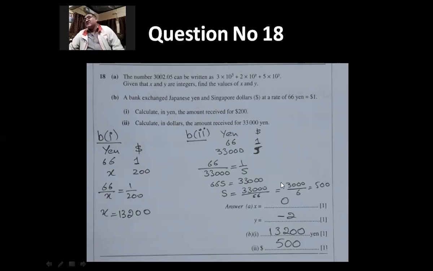So cut them with the 11. So you will have 3,000 divided by 6, and 500. So you will get $500. So this is how you do question number 18. For 33,000 yen, you will get $500.